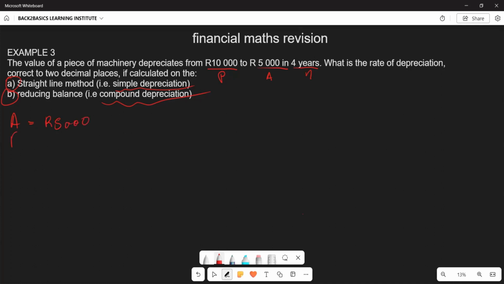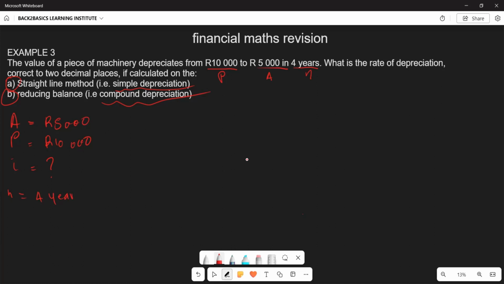We also have the P, which is 10,000, the money that the machine used to cost 4 years ago. Do we have the I? No, we don't have the interest. And the N we do have, because it is after 4 years.